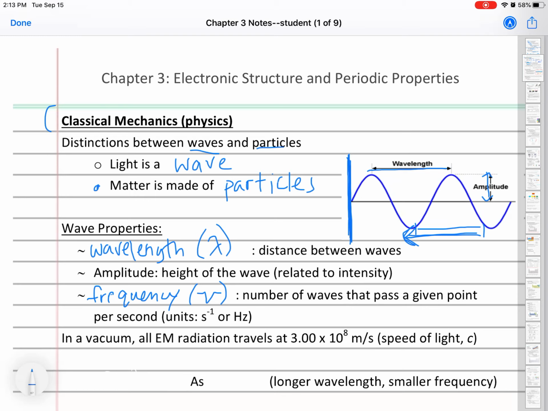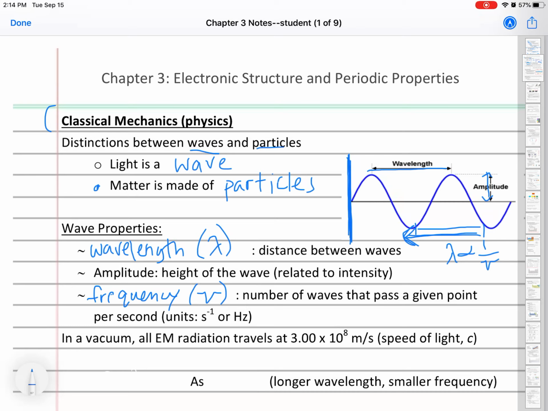And the number of times it hits that point per second would be the frequency. So wavelength and frequency are inversely related, meaning the larger the wavelength, the smaller the frequency. The larger the frequency, the smaller the wavelength.